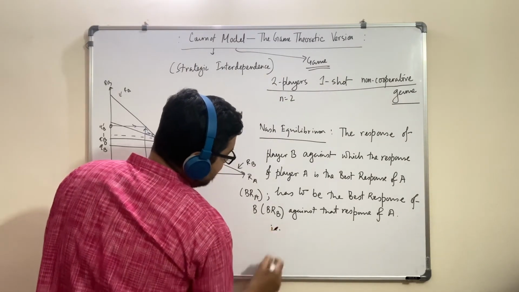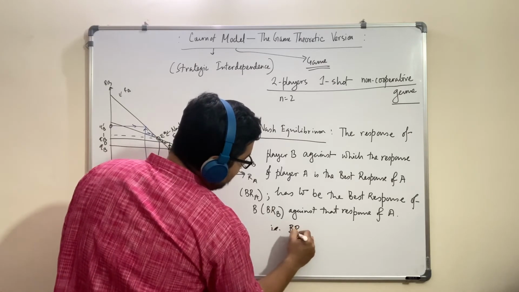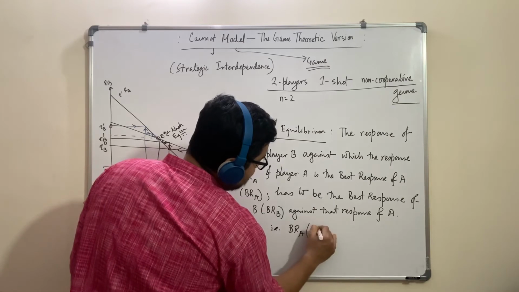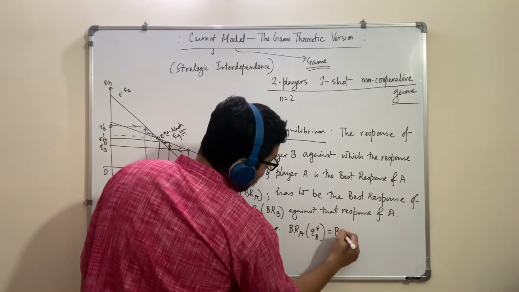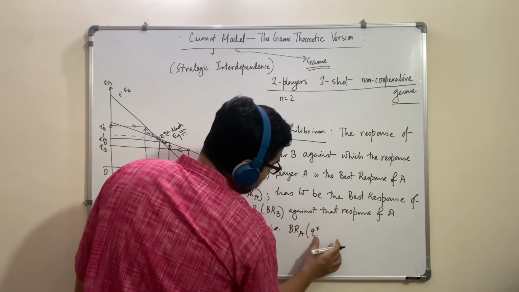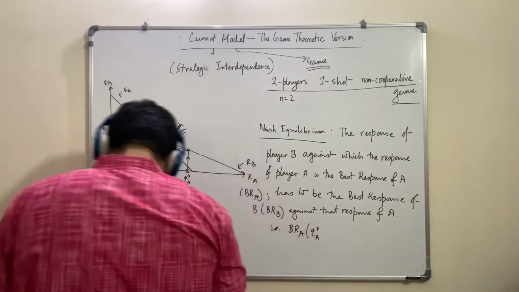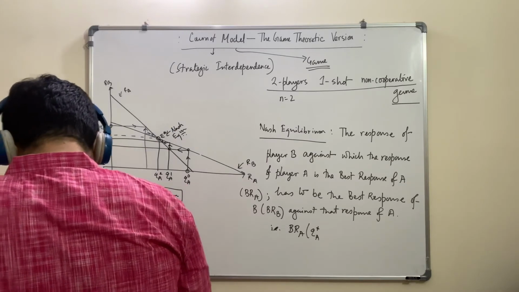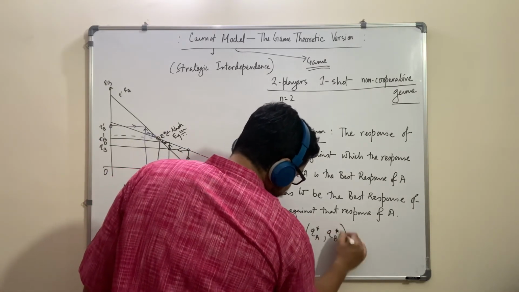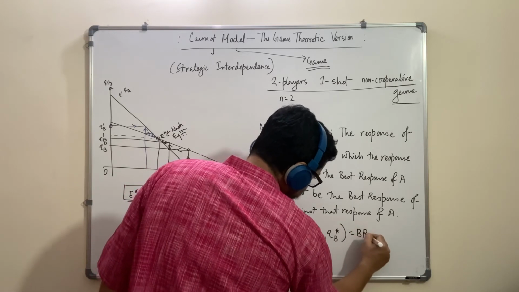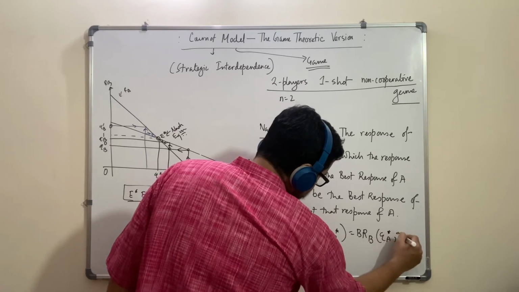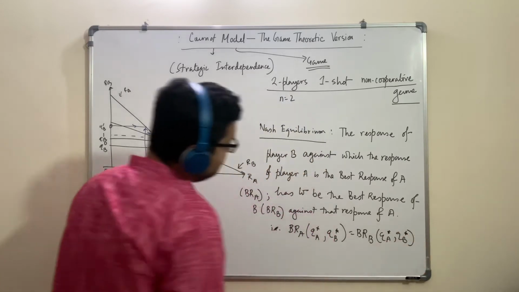That is, best response of A against some QB star. Okay, let me write both of them. QB star is equal to A star QB star. Okay, all right.